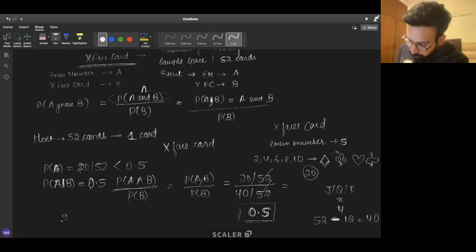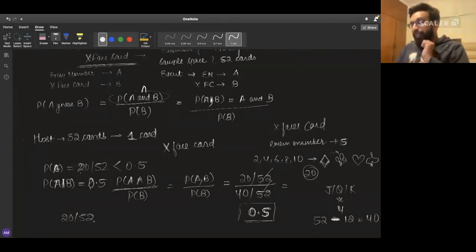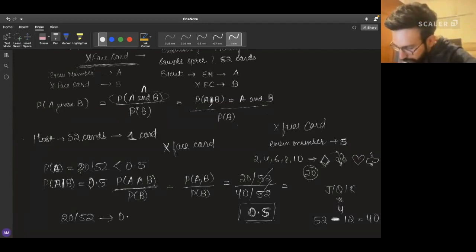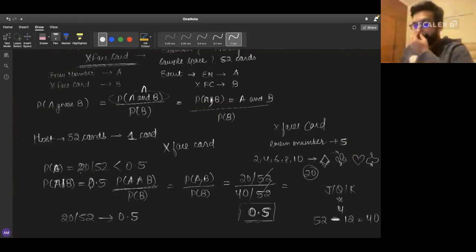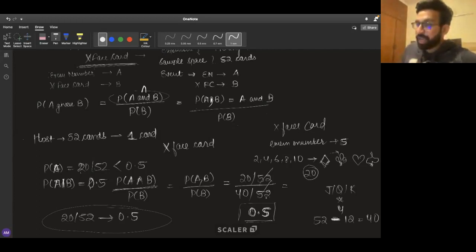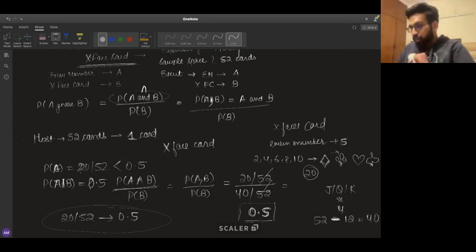Earlier it was 20 by 52, and now that I'm told by the host that it's definitely not a face card, of course the chance of getting an even number increases. So the chances increased to 0.5. We'll discuss intuitively what it means, but understand the formula and also understand intuitively that the probability is increasing here. Why? Because I'm told some information. Now that I am told some information, my belief, the probability of my event, which was getting an even number, has increased.